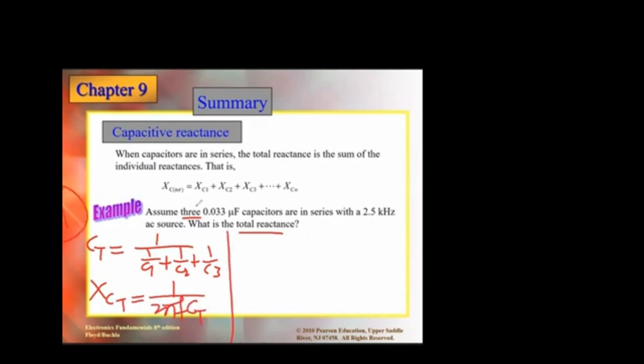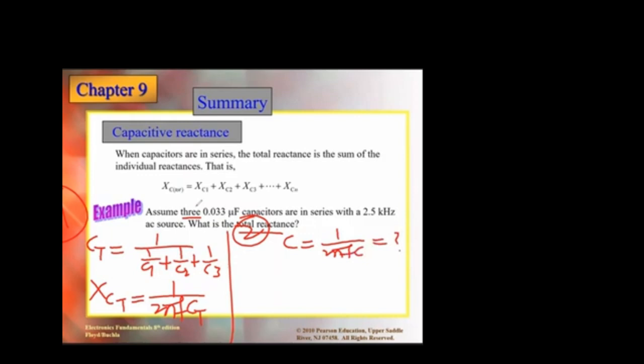That is one approach. In the second approach, you just calculate XC for any one capacitance, because all values are the same. 1 over 2 pi f C is what you will get here.